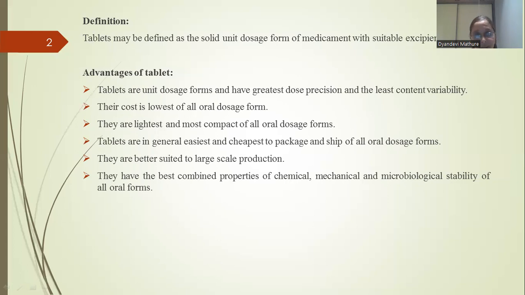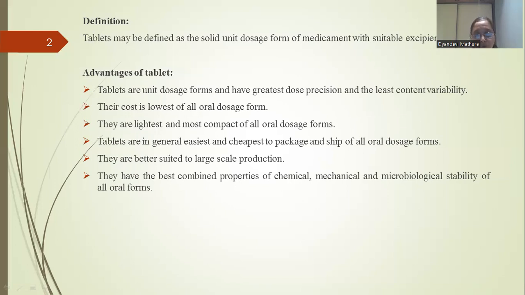It is not divided. In the case of powder, if you want to divide the dose, you can divide it. Whereas in the case of tablet, whatever the dose of your drug is, that dose is there in a single dosage form.